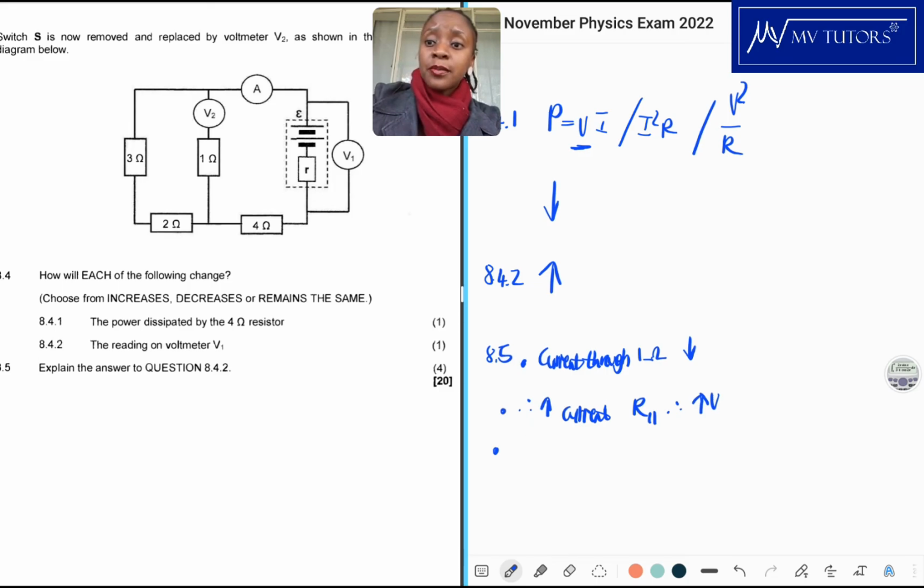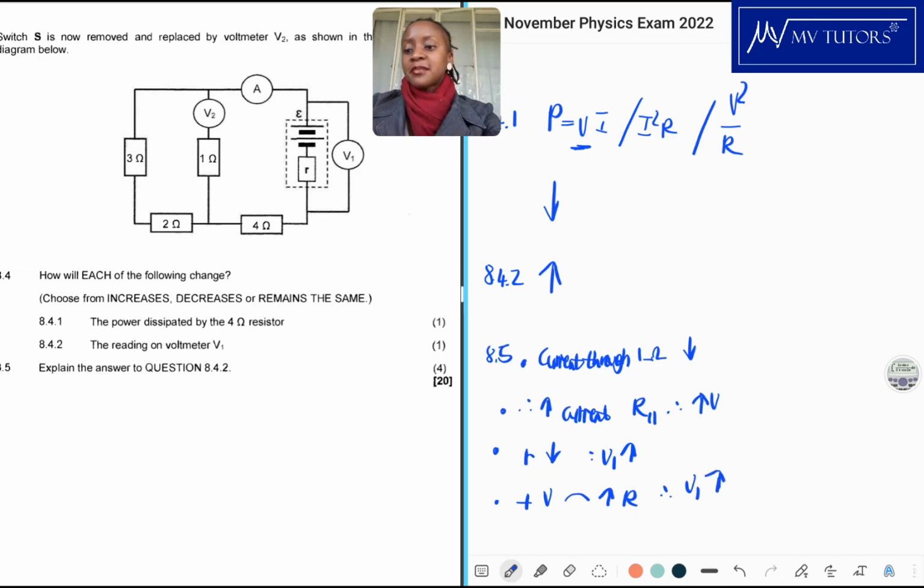I said the lost volts would decrease, so your V1 would increase. And I also said that because you are adding a voltmeter, and a voltmeter has a high resistance, your reading at voltmeter 1 will increase. And then overall your current in the circuit decreases. And that's it, that's the 4 marks.